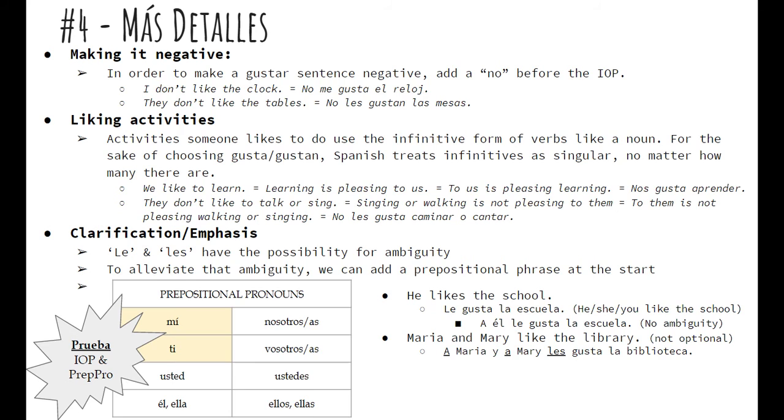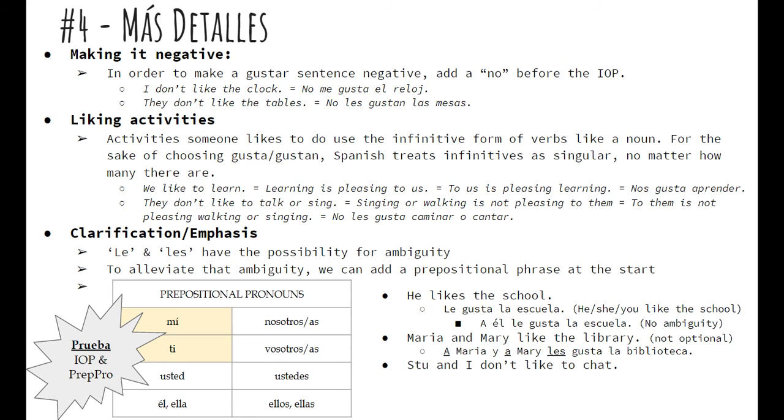A Maria y a Mary les gusta la biblioteca. Do notice there's the les in there yet, which in a gustar sentence, you always need an indirect object pronoun, even if it's not there in English. Here you're going to have the indirect object pronoun then being clarified by those names. Again, not word for word, but when we say Maria and Mary like the library, in Spanish they say a Maria y a Mary les gusta la biblioteca.